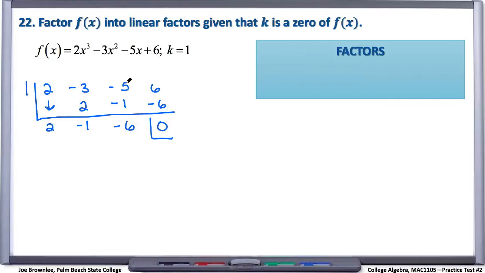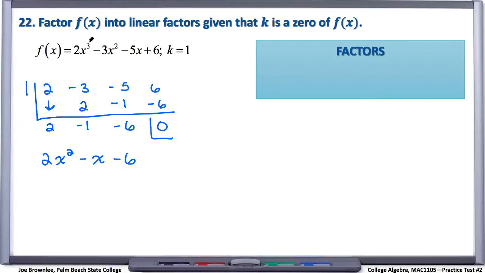When you are using synthetic division with a given 0, you would expect our remainder to be 0, and in fact it is. The reason we did this synthetic division is for the quotient that we get. All right, and recall that this is going to end up being 2x squared minus x minus 6, right? We look back at the original polynomial, in this case 2x cubed minus 3x squared minus 5x plus 6.